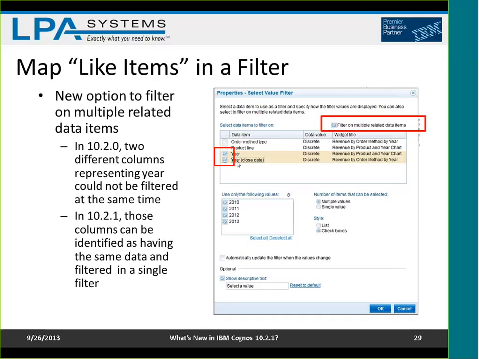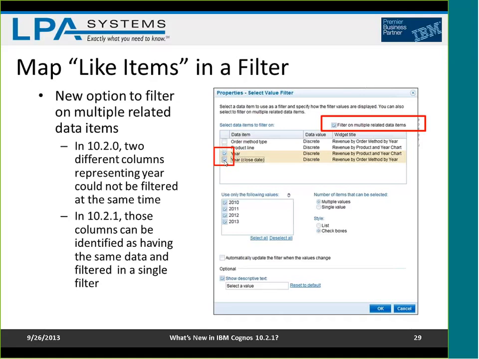And in releases previous to 10.2.1, I could not tell Cognos, hey, treat them as the same field, give me one filter on the workspace that would filter both fields. In this release, 10.2.1, I've got this checkbox now. And when I enable the checkbox, it will allow me to say these items, regardless of their name, and in this case the names are similar, but they don't have to be, these items all get filtered by one filter.